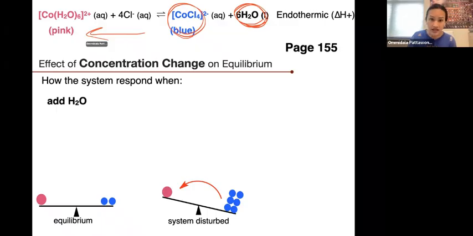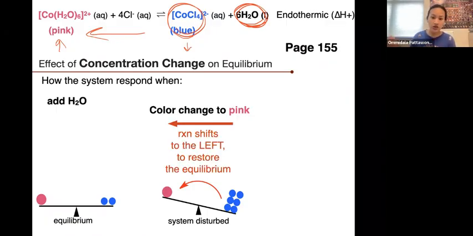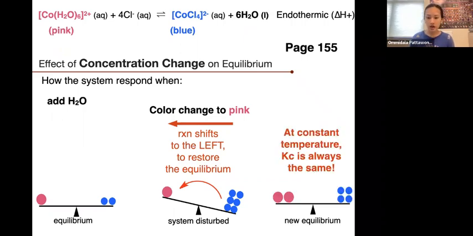So the blue complex is going to become less blue, and you are going to observe more of the pink color. The reaction will shift to the left in order to produce more of the reactant, to restore the new equilibrium again. That's why you observe the change of the color to pink, until it reaches equilibrium again.